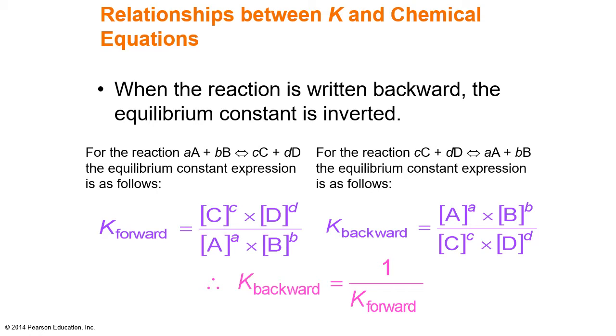So if we reverse the reaction, in order to calculate the new equilibrium constant, we can take 1 over the original equilibrium constant in the forward direction.